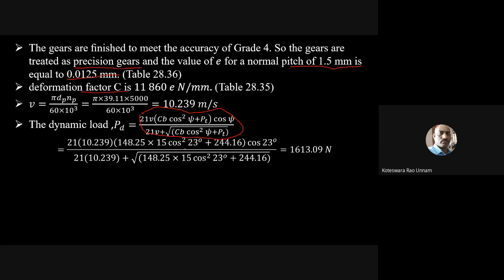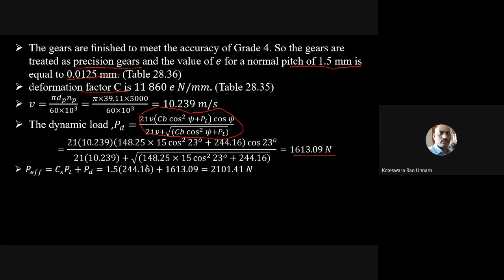So I'll get 15 cos square 23 plus PT, which is computed as 244.16. Then cos psi is nothing but cos 23. Like this, I'll substitute the data, and if I calculate it, the dynamic load comes out as 1613.09 newtons. So you have PT, you have CS, and you have the dynamic load.